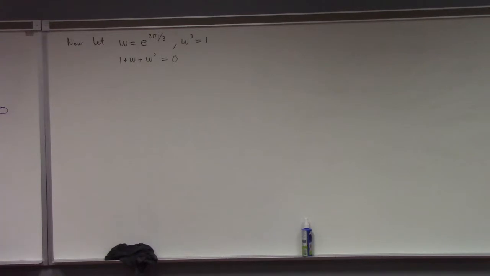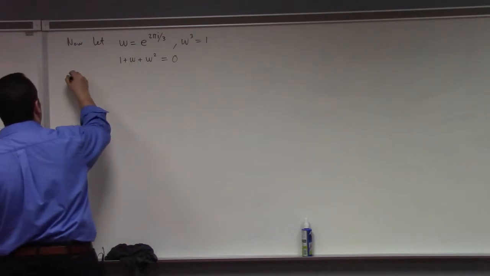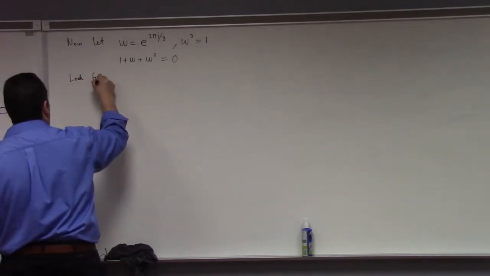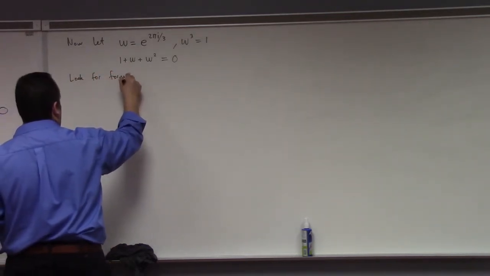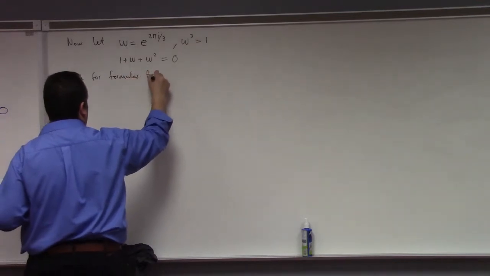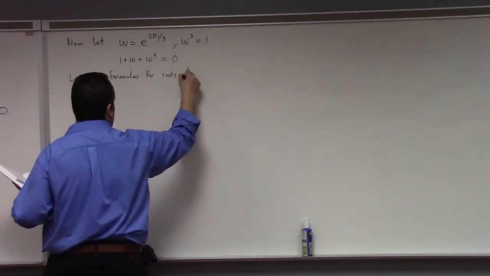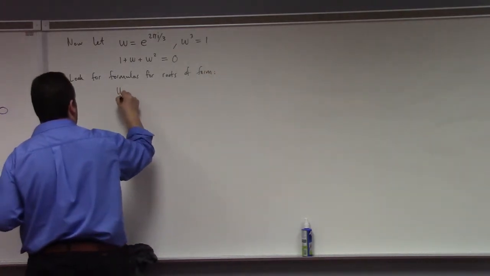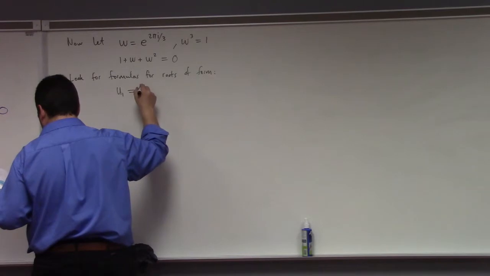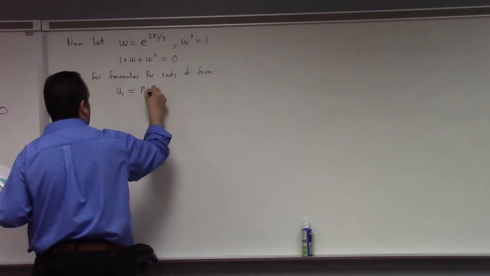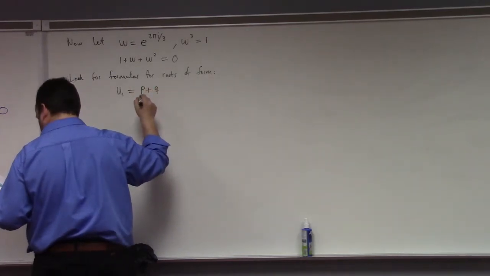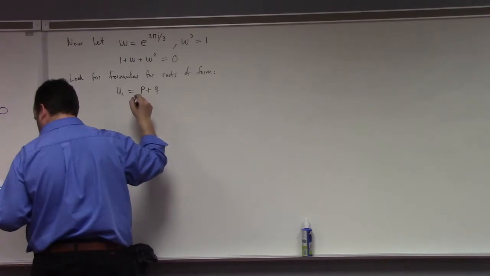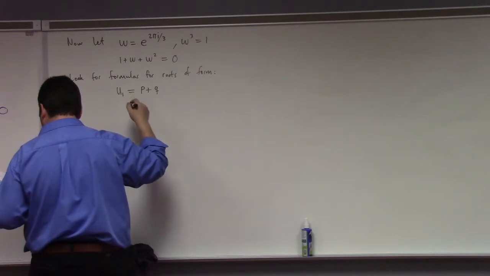And he says we're going to look for formulas for the roots of the form u1 equals p plus q. He has not introduced p and q yet, has he? No. All right, u1 equals p plus q.